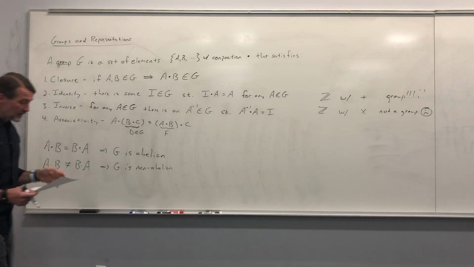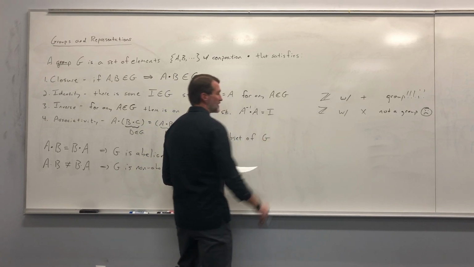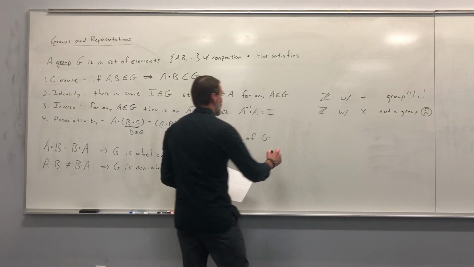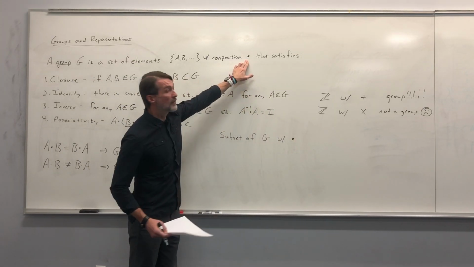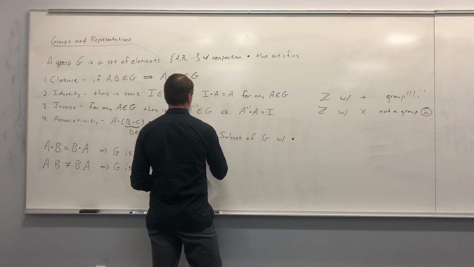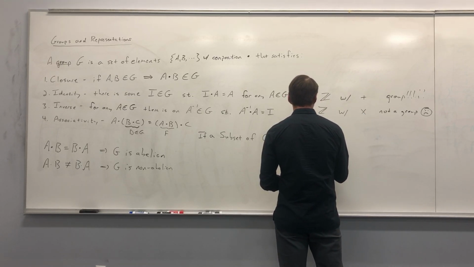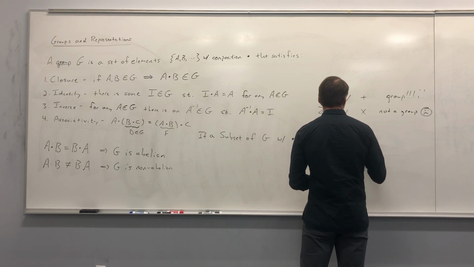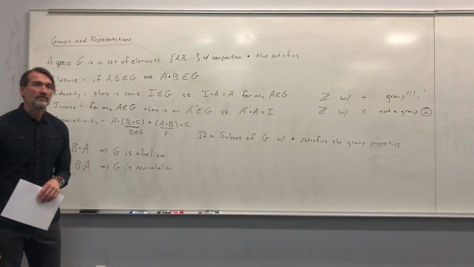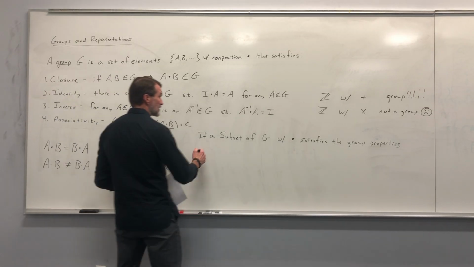There is one more quick thing, and that is if I take a subset of the set of elements that comprise G, again, with the same composition, if a subset of G with the same composition satisfies the group properties, then it is also a group, because it's a set of things with a composition that satisfies these properties, but it's called a subgroup.